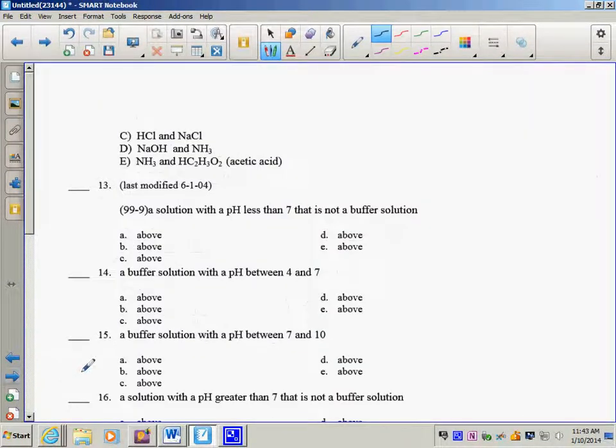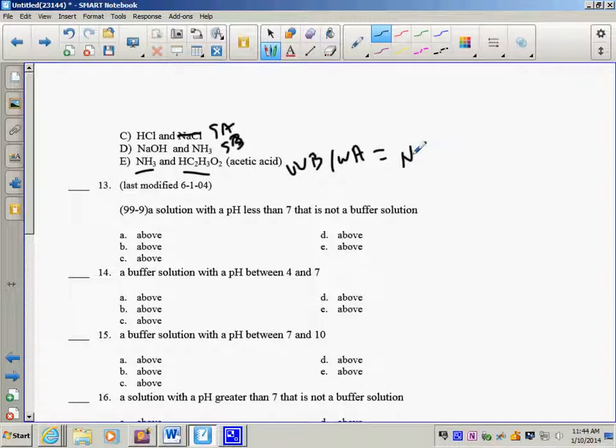The next ones we'll go quickly through. This one here is a strong acid. This is doing nothing. This is a strong base, and there's nothing that this can do to override that strong base. And these are weak base, weak acid, weak base, weak acid. It's not a buffer, but the Ka and Kb are very similar. This is going to cancel out to be darn near neutral, assuming equal concentrations.